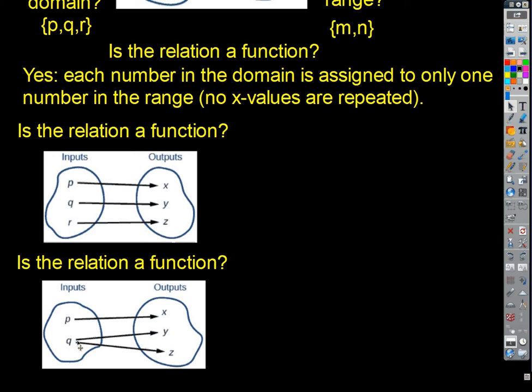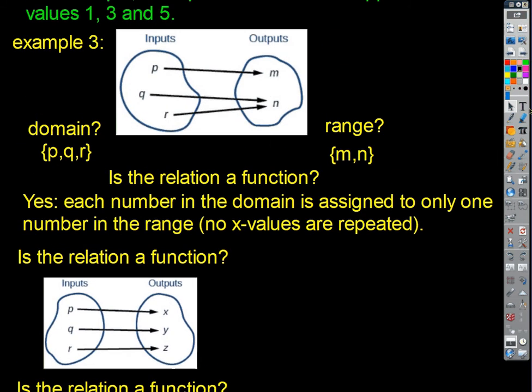Now, later on in the class, we'll come back and revisit this when we're talking about inverses of functions. We'll call this a one-to-one function because each input has one arrow leaving it. It only maps to one output. We'll call this a many-to-one function because there's a situation here where two different inputs happen to have the same output.